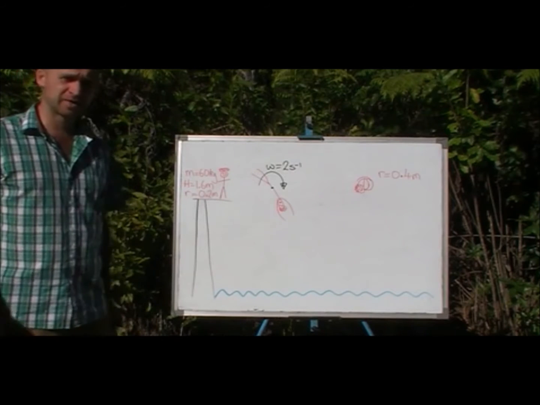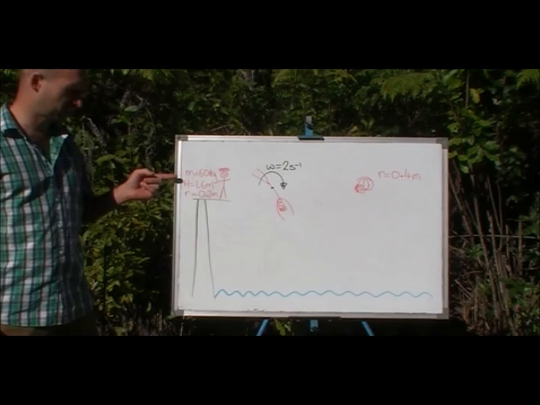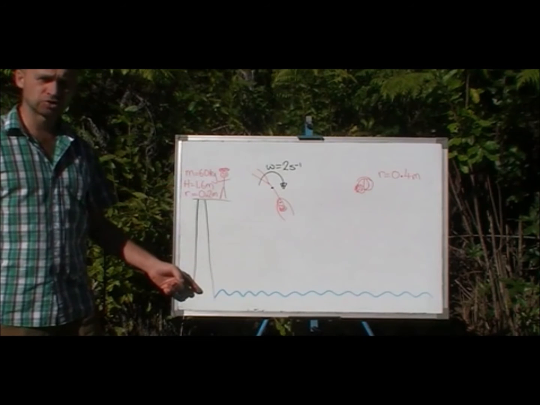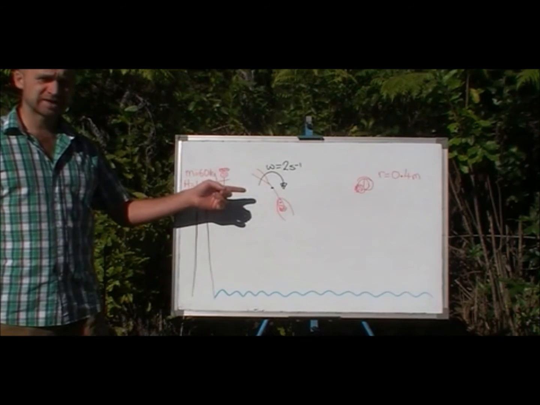Alright, here we go with our example then. Here's a physicist on the top of the high dive board, not worried about the small drop down to the water below. And they're rotating as they launch off.